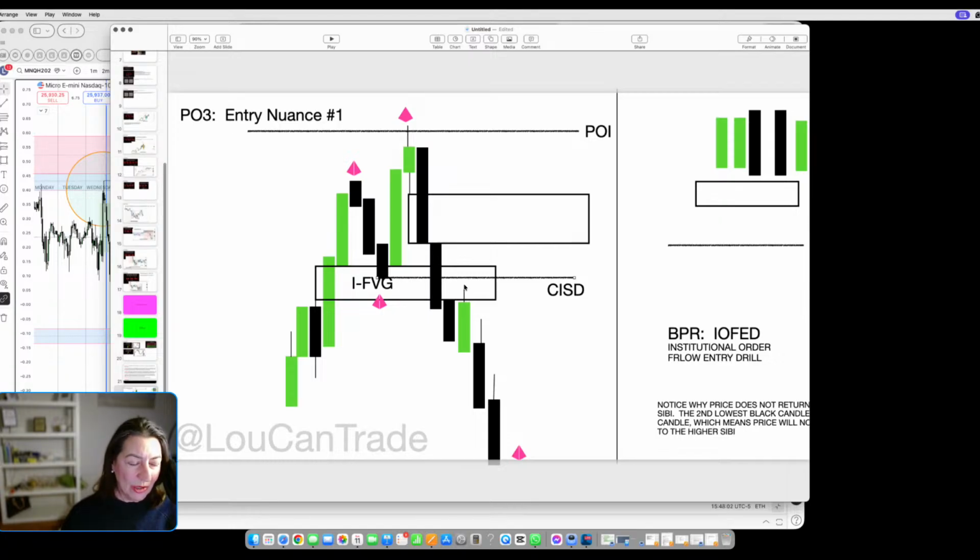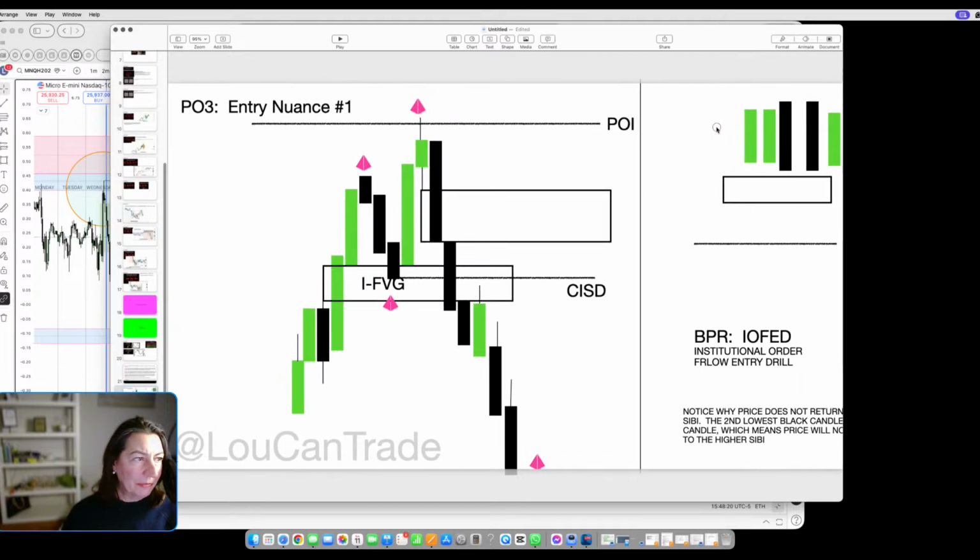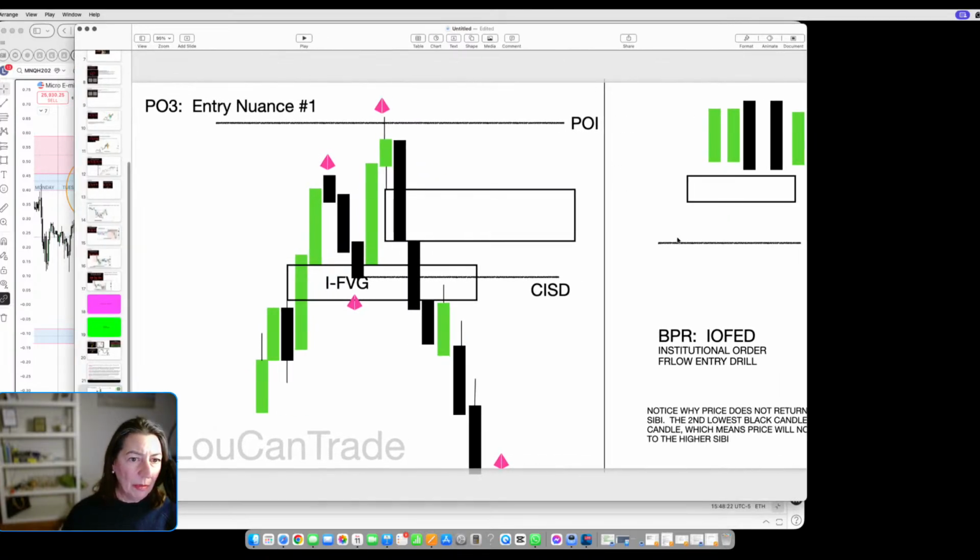But here's the question. Here's the conundrum. Where would we put our stop loss if we were to get in here? If we used our ICT rules and we see that this is the swing high up here, we might think to ourselves, okay, I'm going to put my stop loss up here, which is where ICT tells us to put our stop loss.